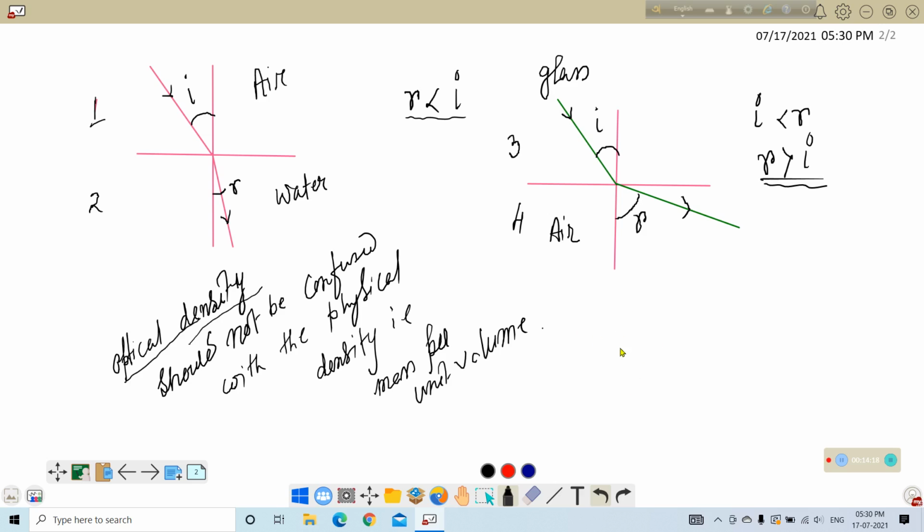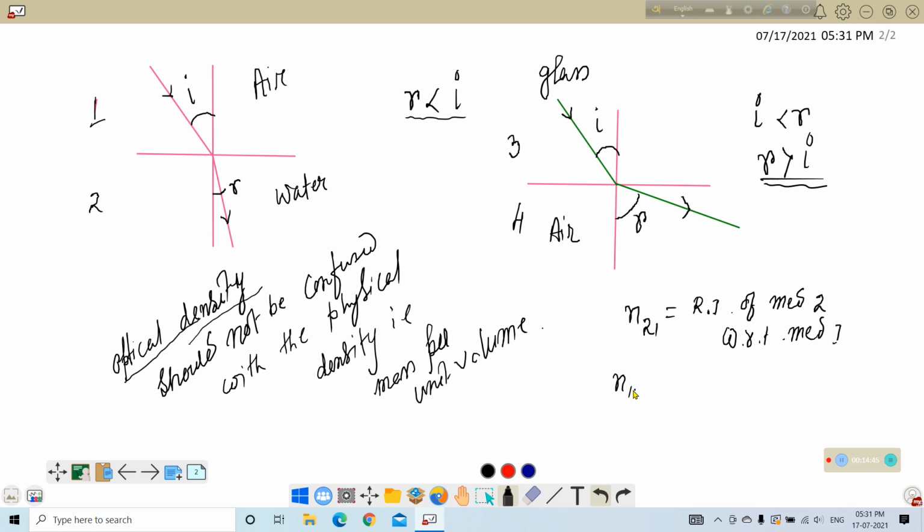Now, we have termed n21 as the refractive index of medium 2 with respect to medium 1.